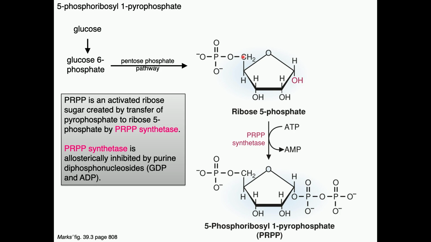The PRPP synthetase enzyme takes 2 phosphates from ATP and adds them onto the number 1 carbon, and AMP is the leaving group. This enzyme is inhibited allosterically by adenosine diphosphate and guanosine diphosphate, the purine nucleotides. However, the PRPP is used by both purines and pyrimidines, but the level of control of the PRPP synthetase is by the purine nucleotides.